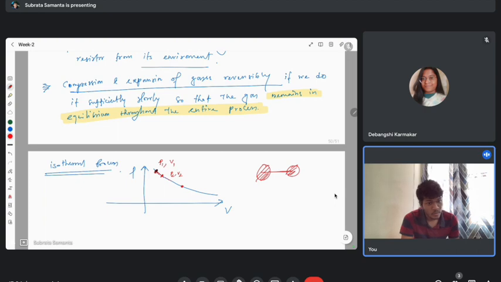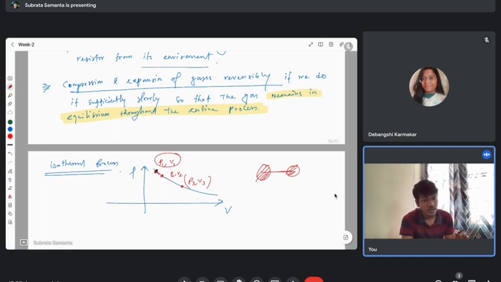In a reversible process, the temperature is constant. If you go suddenly from P1 V1 to P3 V3, you cannot say it is reversible; temperature might not be constant. So if the temperature is to be constant, you slowly change from P1 V1 to P2 V2 by an infinitesimal change.